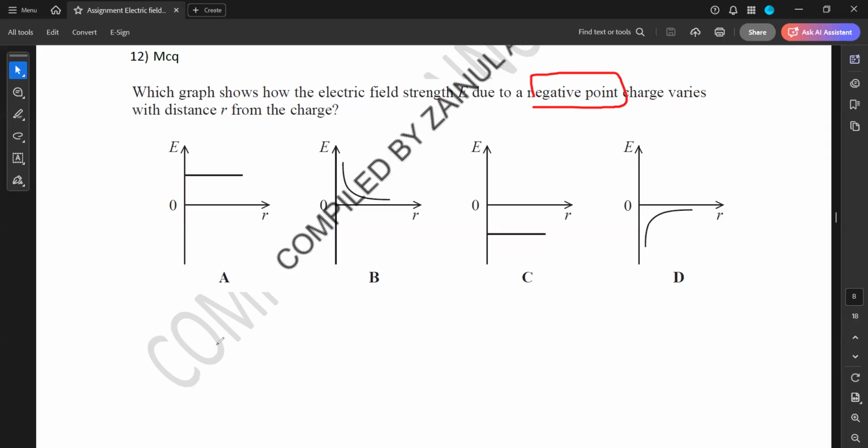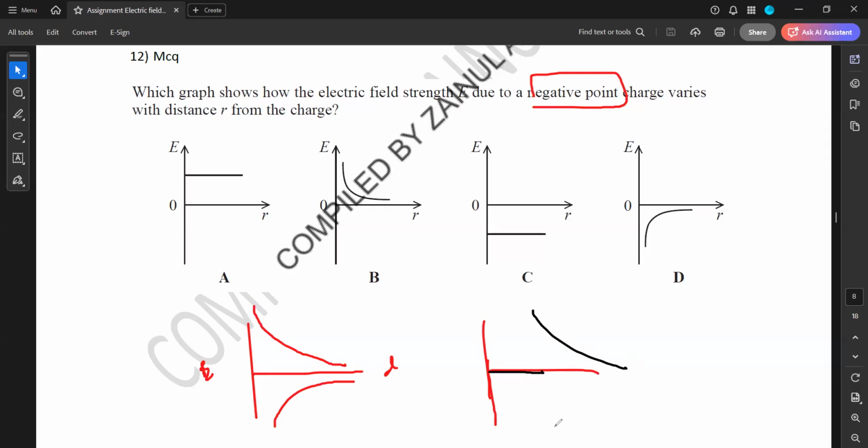If you remember the graphs, I sketched three types of graphs. One was like this, electric field and distance. Another one was like this, electric field and distance.